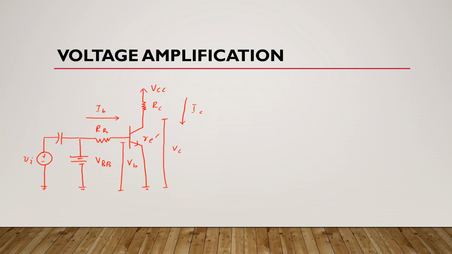Now if we want to find AC base voltage VB, we know from Ohm's law that V is equal to IR, and VB is in this region. It means VB is equal to AC emitter current multiplied by AC emitter resistance. Now what about AC collector voltage VC?